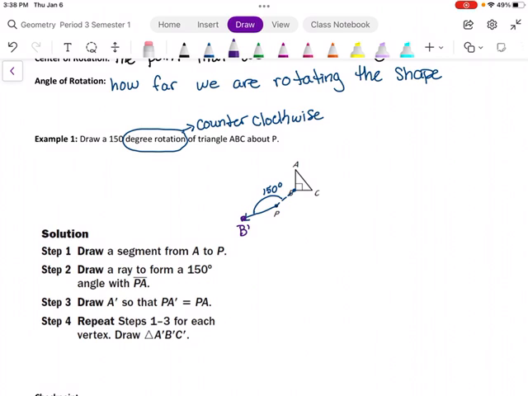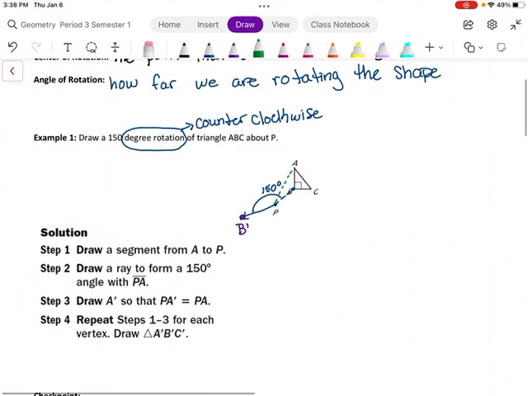And we would do sort of the same thing for our other points. So we're going to go 150 degrees for point A, and that is where A prime would be.